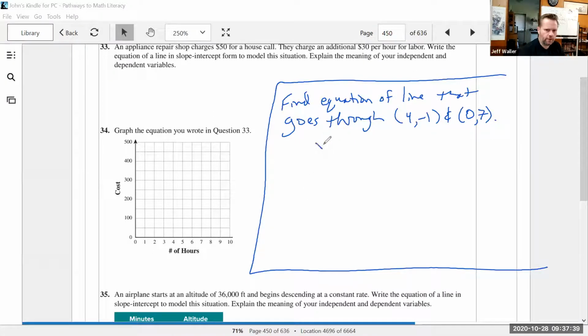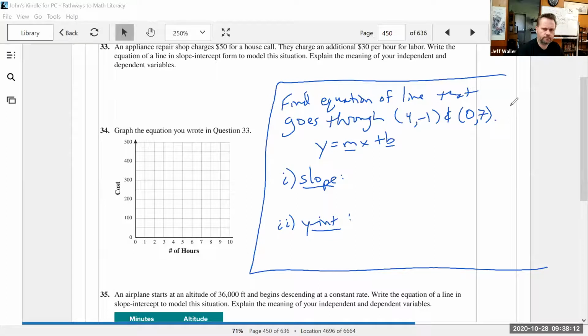I know the equation of a line is y equals mx plus b, which always means I have two things to find. I have to find the slope, and I have to find the y-intercept. Is everybody with me? Do I know the y-intercept for this problem?